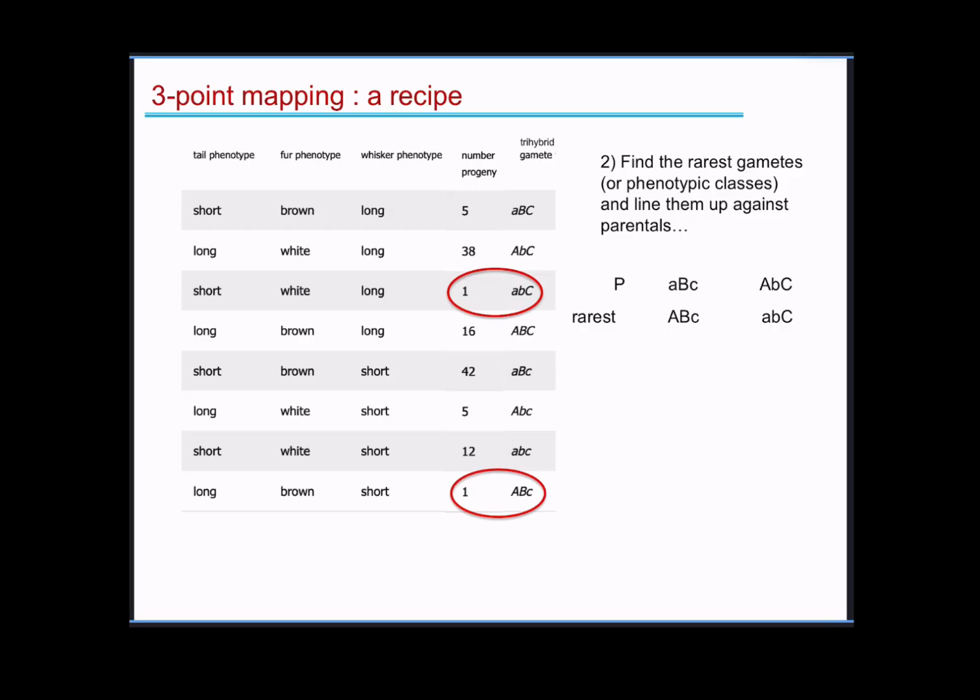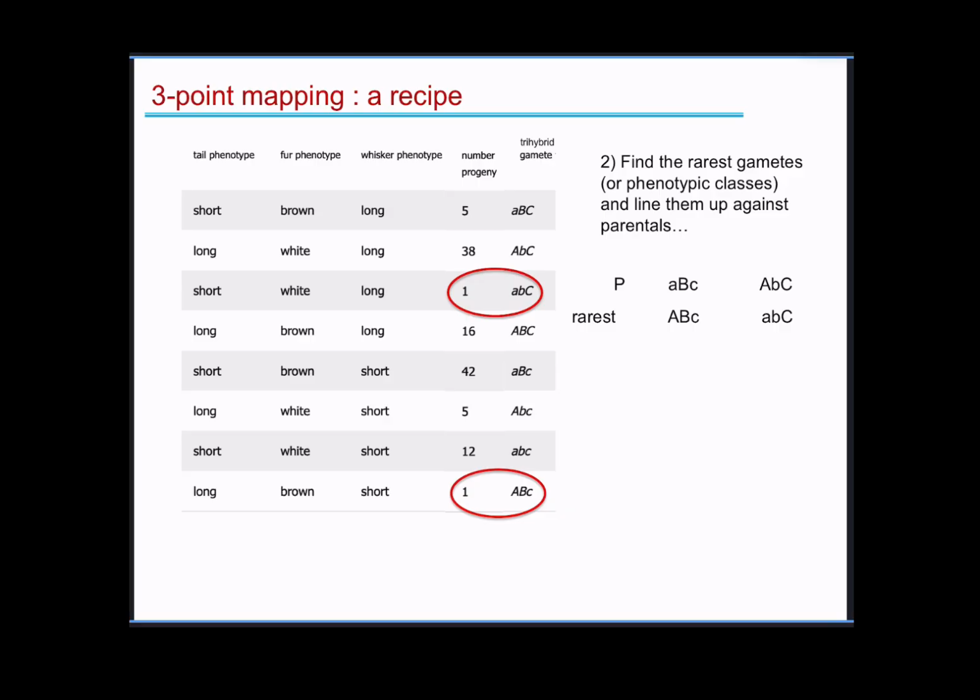So you match the phenotype in the first column to the locus A, the phenotype in the middle column to locus B, and the phenotype in the last column to locus C. So long tail was dominant A, brown coat was dominant B, short whiskers is recessive C. Yeah? And then you do the same for that.